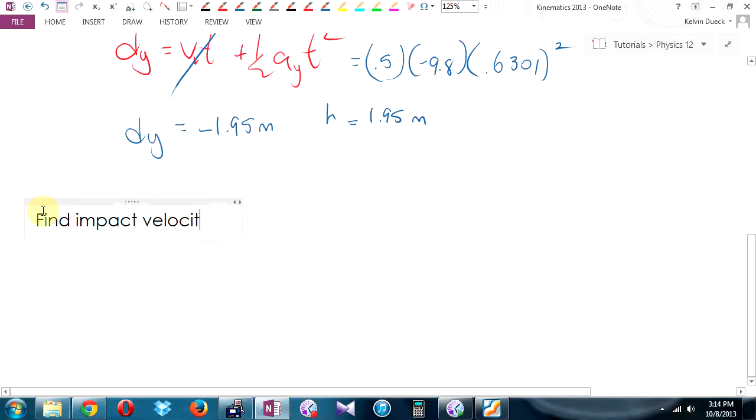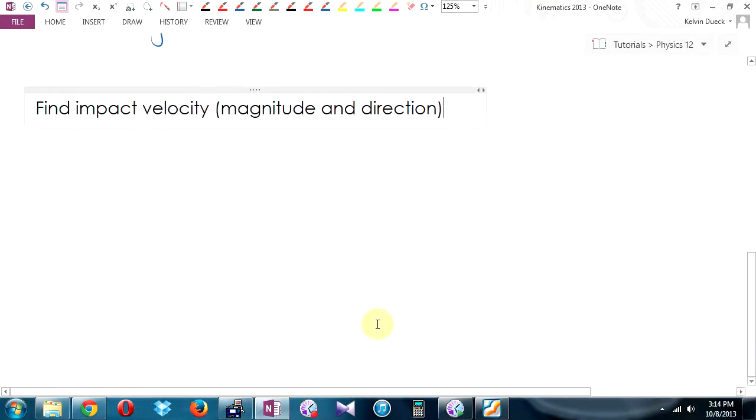Magnitude and direction. I would start out the same. I would say to myself, I need to find time. So I would still use the horizontal range, and I can find time of flight.